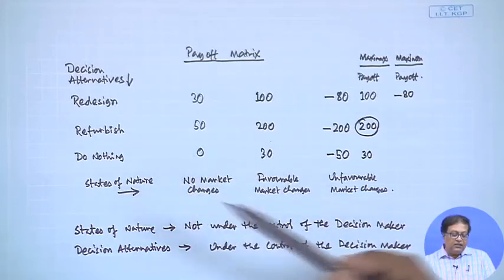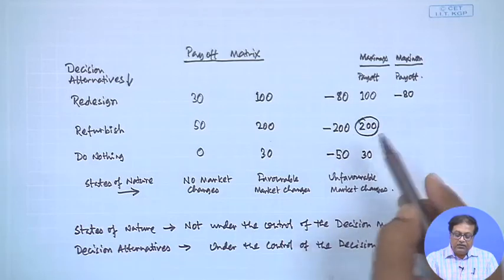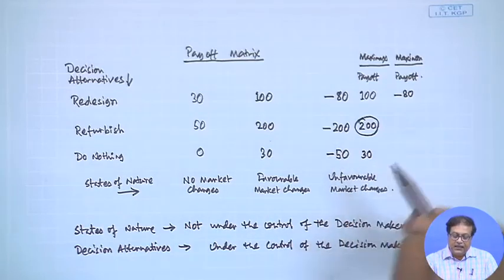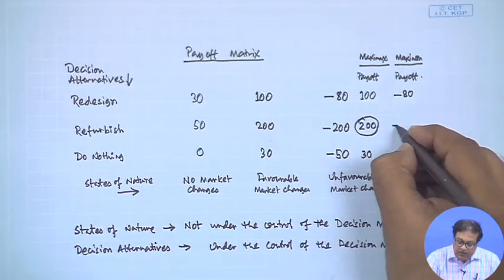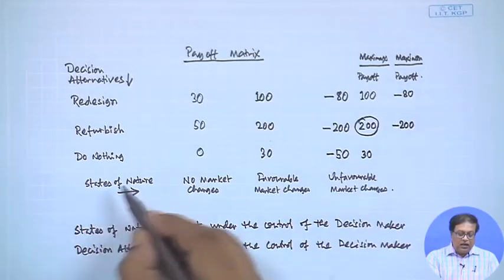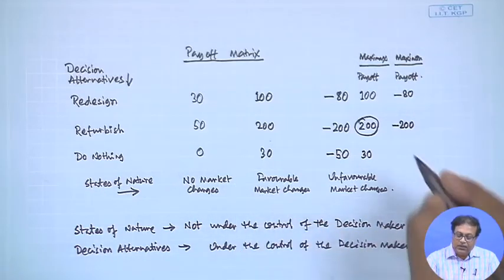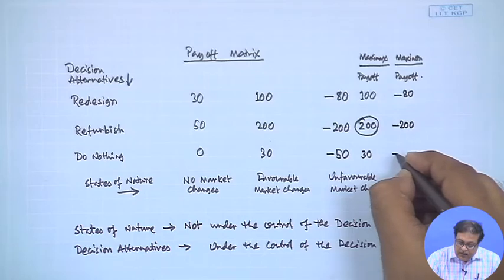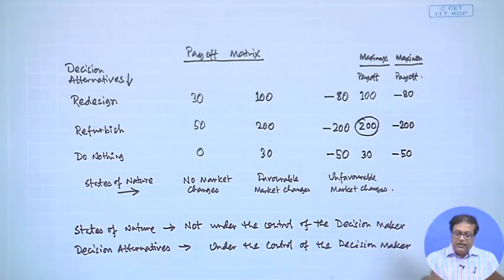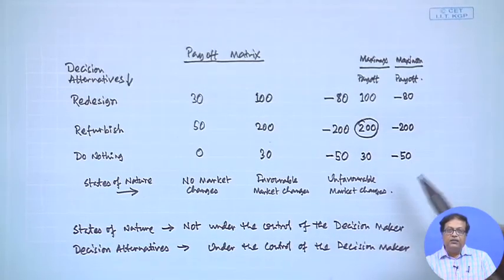In similar logic, if the decision alternative is refurbish, again the worst state of nature is unfavorable market changes, and in this case the payoff to expect is minus 200. And when it is do nothing, out of the 30, 0 and minus 50, the expected payoff would be minus 50. Now obviously it is a Maximin, that means the maximum of these minimum payoffs.